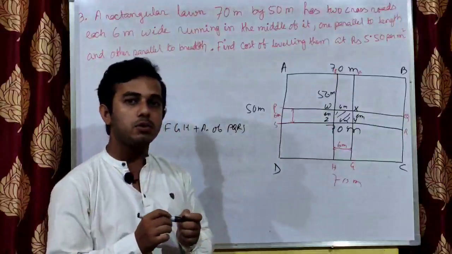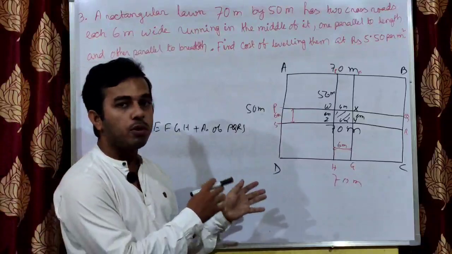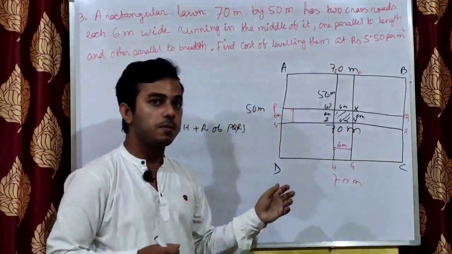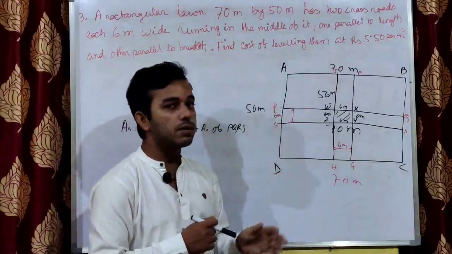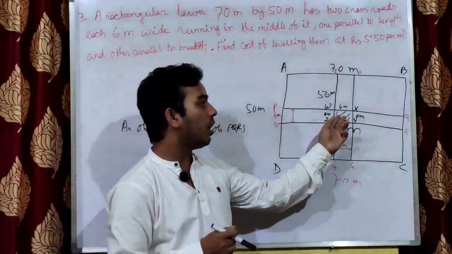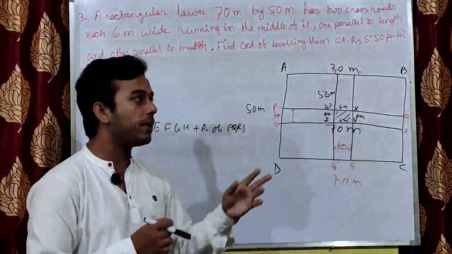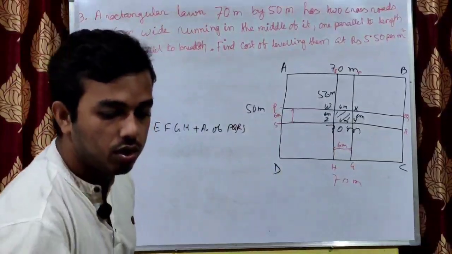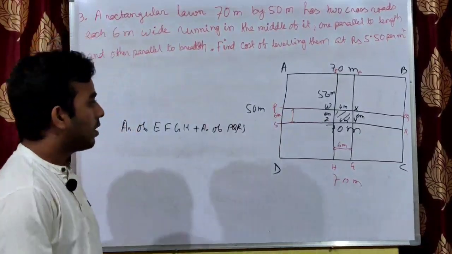So this part comes twice, right? This part is common in both the roads. So we have to subtract this part one time, because if we don't subtract, we will cover this area twice.